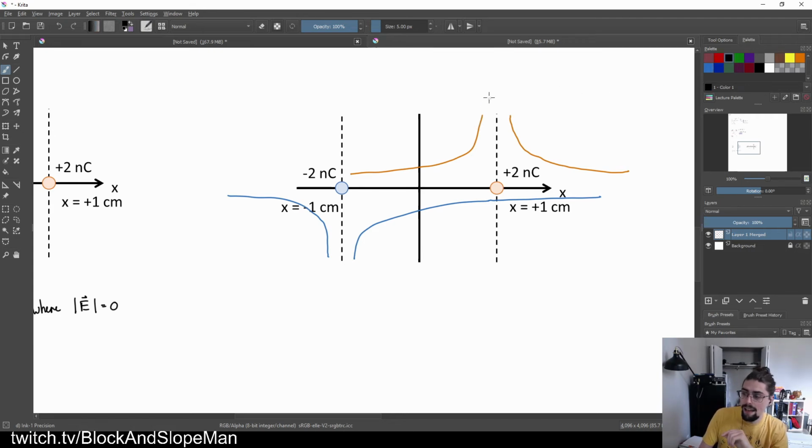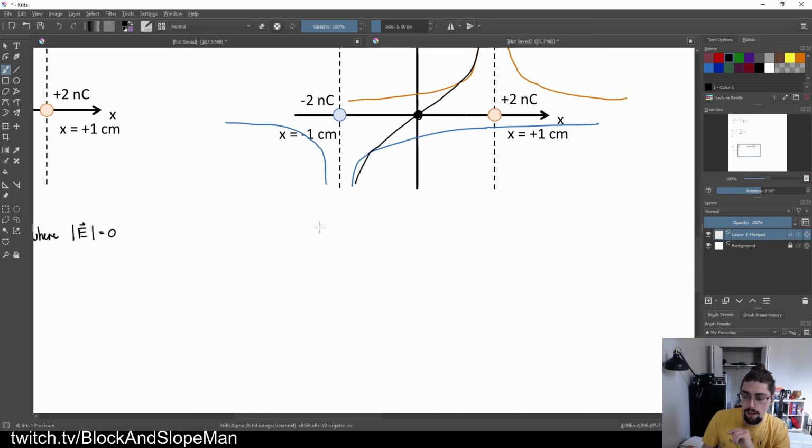And my net potential is going to look something like this. Right here in the middle, in between these two, my potential is 0. It starts from positive and goes down to negative.